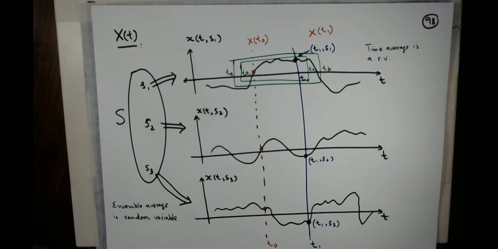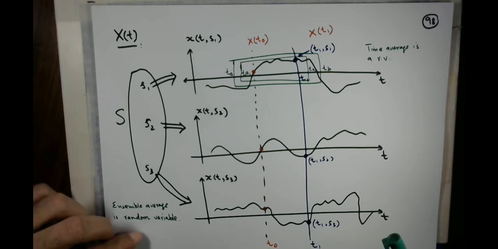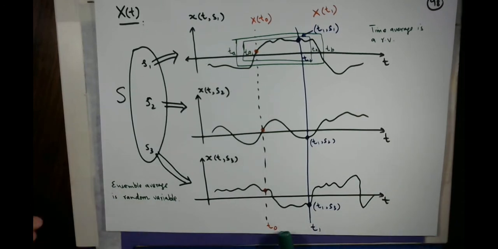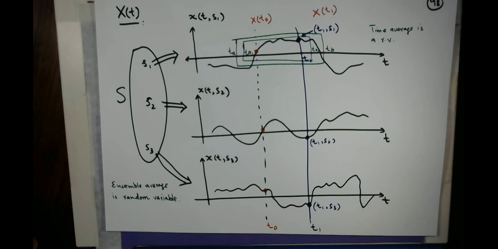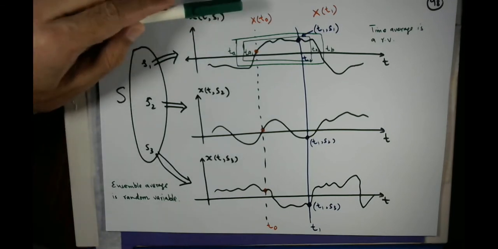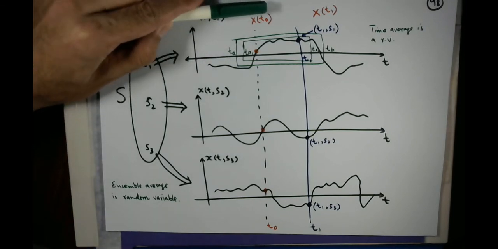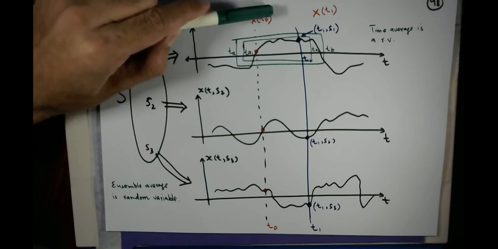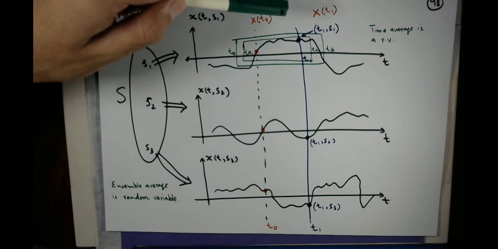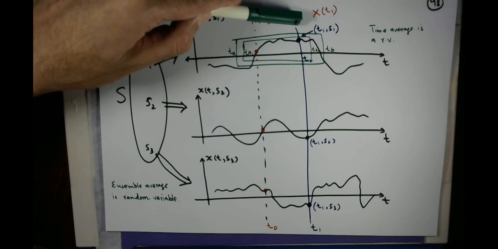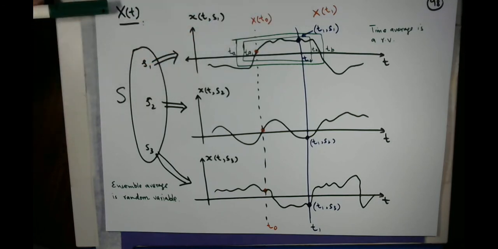So now we see that if we fix time at, say, t naught, we obtain 3 values of the random variable X of t naught. So capital X of t naught is a random variable obtained from the process X of t. Similarly, X of t1 is another random variable obtained from the process X of t.